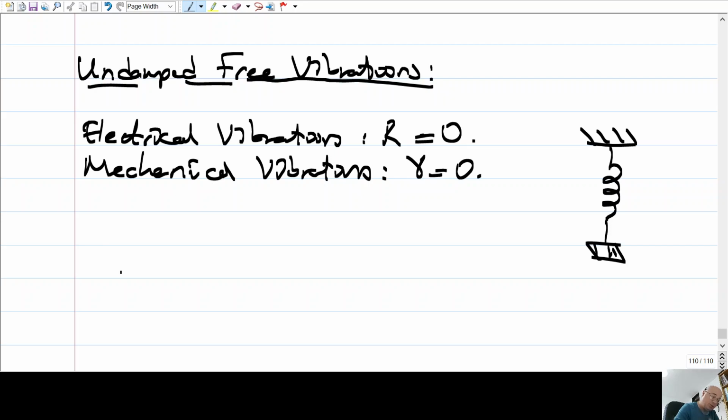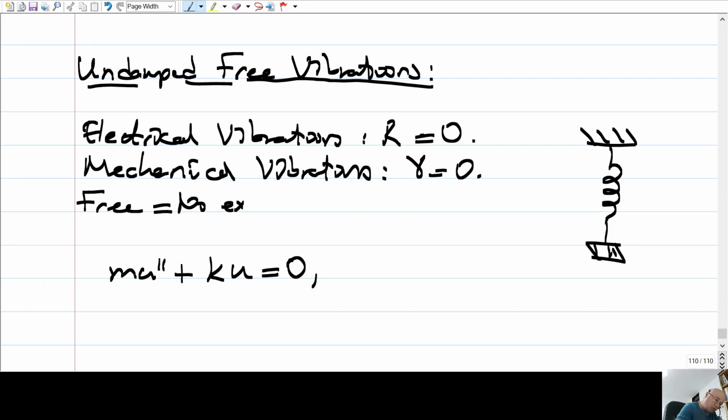So our equation is then this: m u double prime plus k u equals 0. Here free vibration means no external force, and this means f of t is 0.